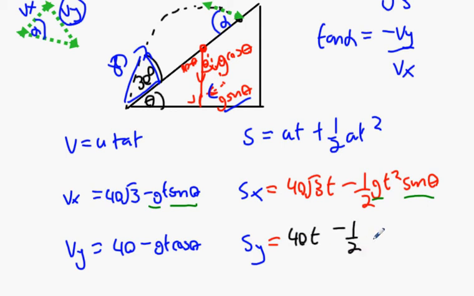Anybody? gt squared cos theta. Because remember, cos theta is the one going up and down. That's in the opposite direction to Vy. That's along the Vy axis. G sine theta is along the x-axis, or our x-axis. Now we have that made.